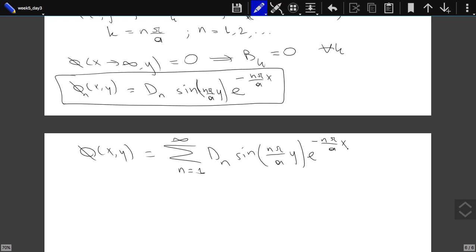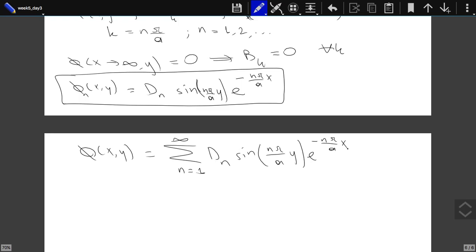Well, this also satisfies my Laplacian, because the Laplacian is a linear operator. If I act on phi with the Laplacian, I should act on this summation with the Laplacian. But the summation and the Laplacian, I can change their order. I can first act the Laplacian on this one and sum the results.